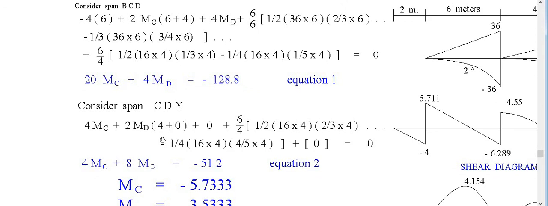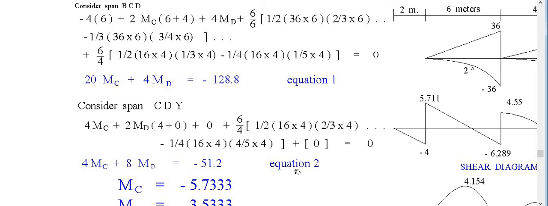Solving this, 4MC, 8MD, all of this constant, the sum of this in this is positive, but you transfer that to the right. And it becomes negative 51.2.